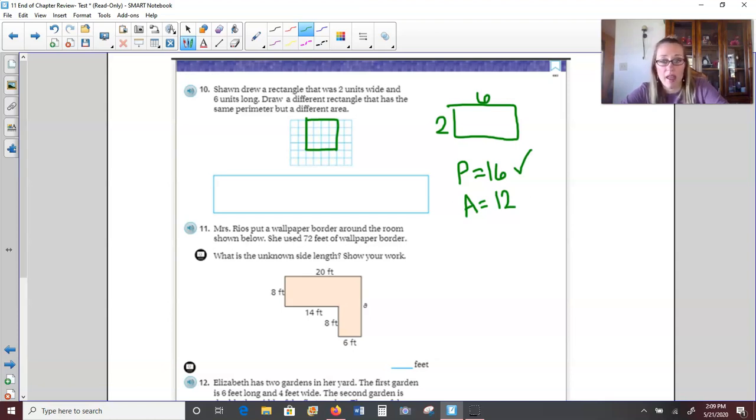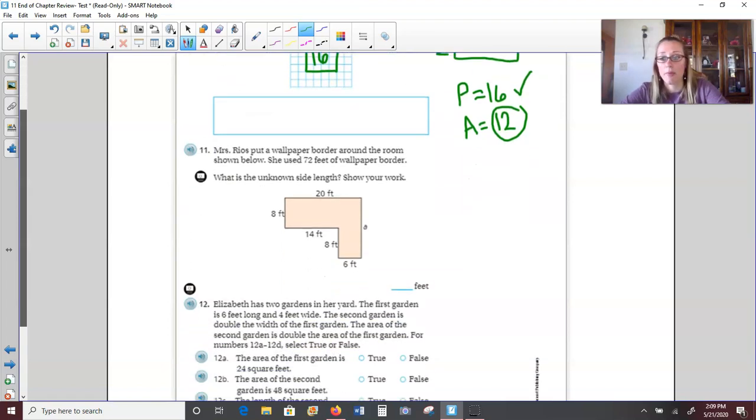Let's check on the area. So for the area, I could just do length times width. That would be 4 times 4, which is also 16. So the area inside of this square would be 16, which is not the same as the area of Sean's rectangle. So that shape would certainly work.